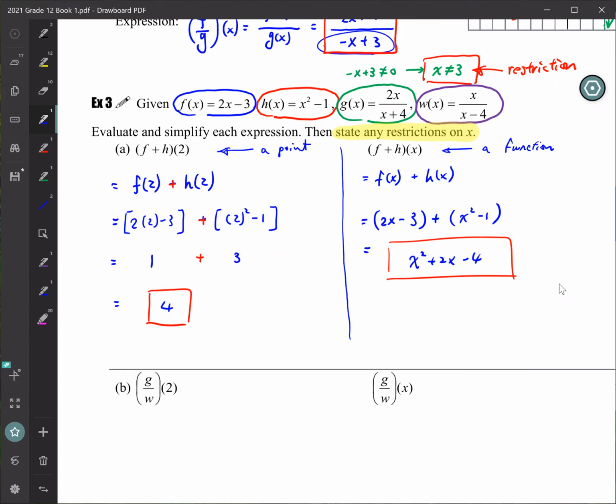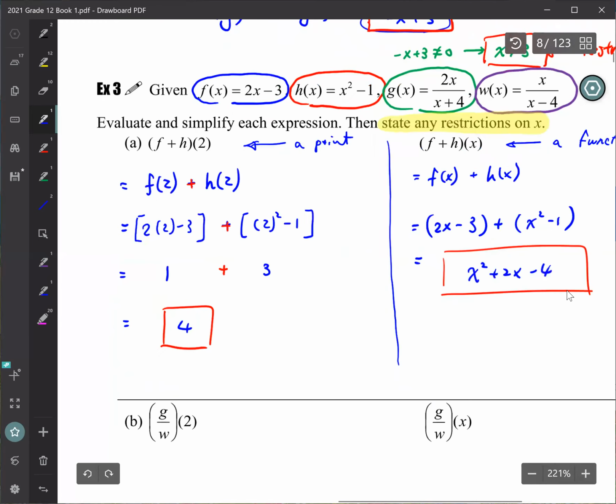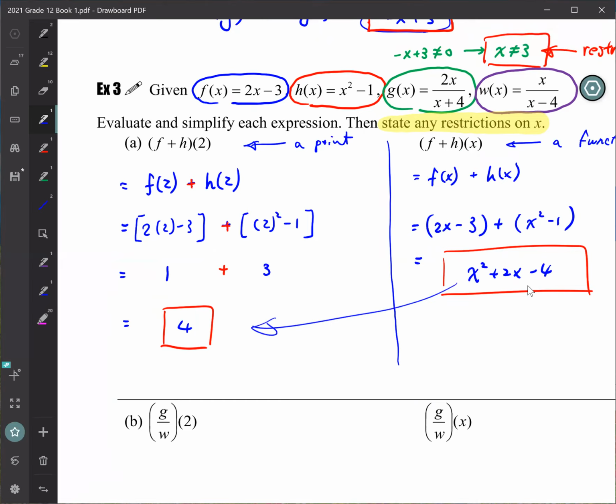So what this means is you can use this function to find the result for any input. For example, if I want to find f plus h of 2, I can put the 2 into the function, and then you can get the answer of 4.